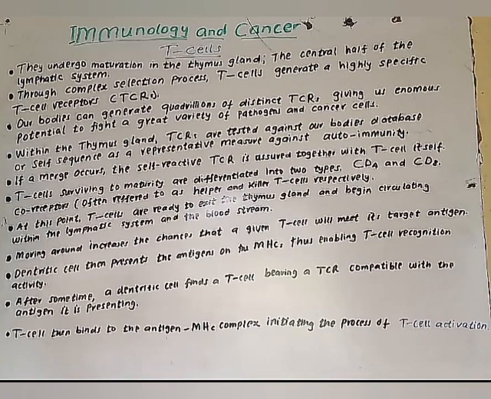Moving around increases the chances that a given T cell will meet its target antigen. The dendritic cell then presents the antigens on the MHCs, thus enabling T cell recognition. After some time, a dendritic cell finds a T cell bearing a TCR compatible with the antigen it is presenting. The T cell then binds to the antigen MHC complex, initiating the process of T cell activation.